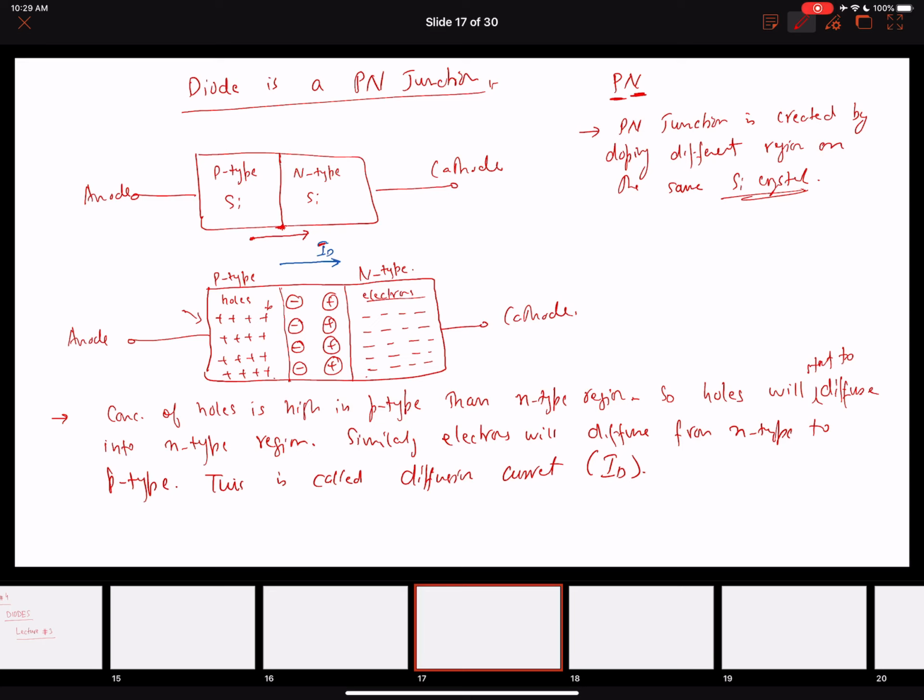So if a hole combines with an electron, it will neutralize. And now some of these holes will combine with the free electrons that are available near the junction of the n-type, and it will create a region that is depleted of the electrons, and that is why we have these positive charges near the junction appearing over here.